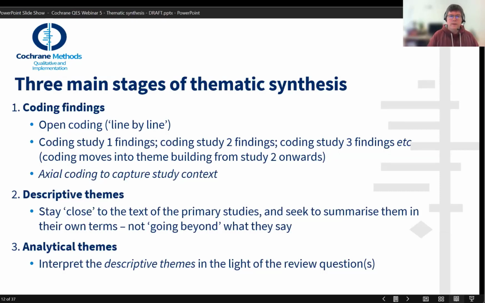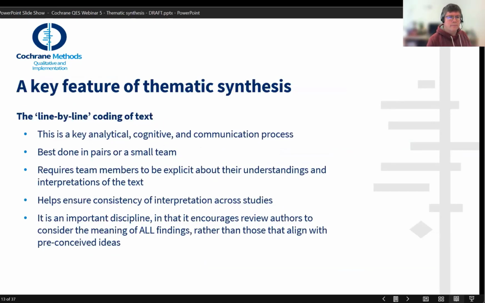So that's one of the reasons that we're really clear about these different stages: we can look back across the data set, and at the end, when we've got the analytical themes, we can follow them back through into the descriptive themes and through into the line-by-line coding, so we can see exactly which pieces of text and which studies have contributed to which finding.